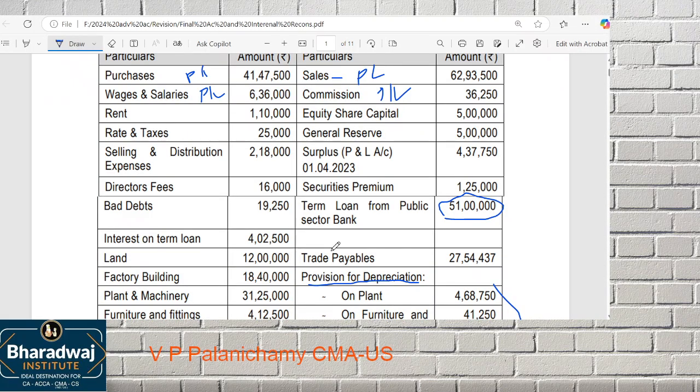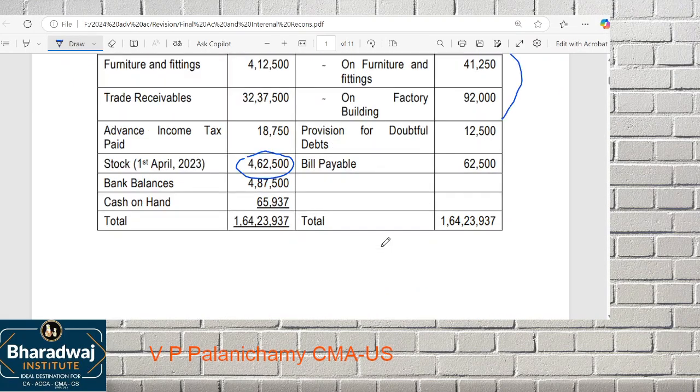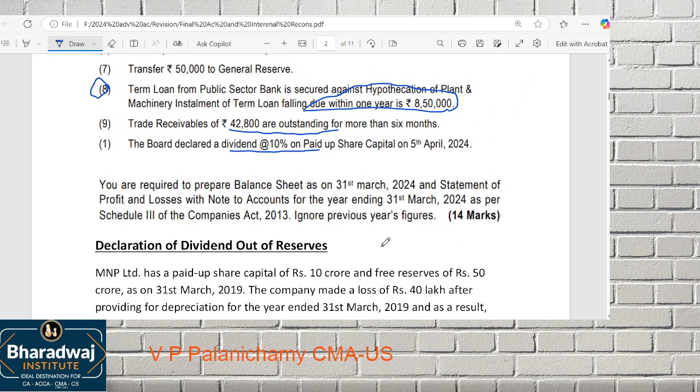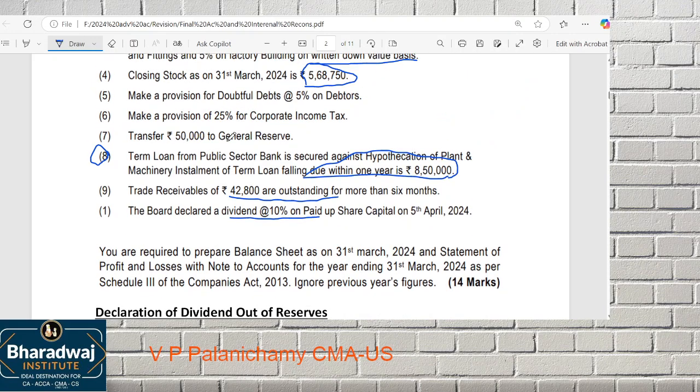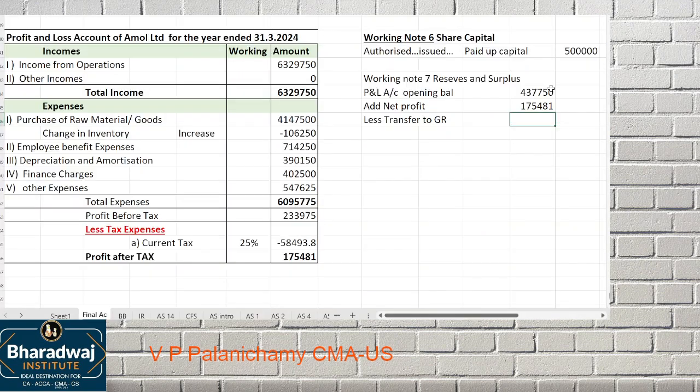How much is the transfer to general reserve? Look at the adjustment. Transfer 50,000 to general reserve. This is the P&L account closing balance. Clear?